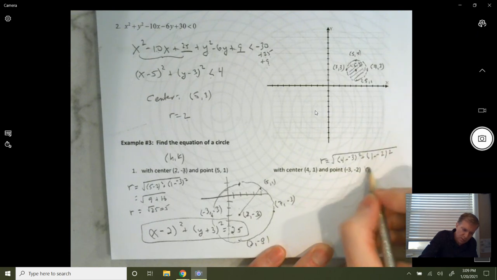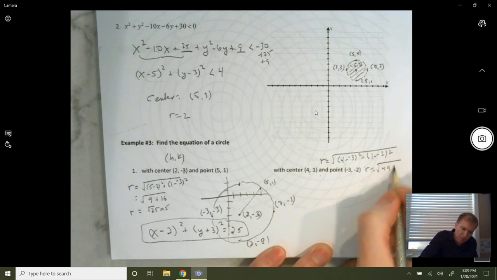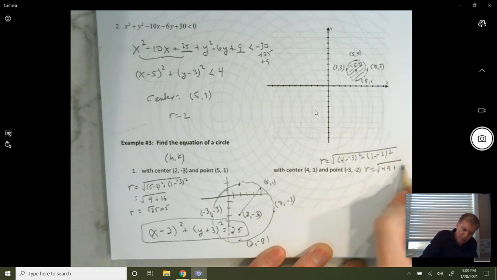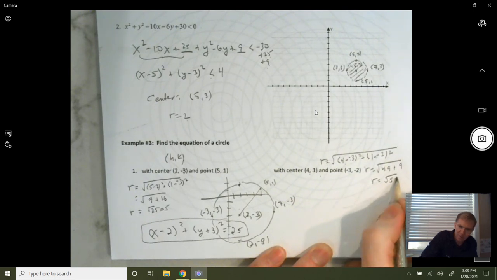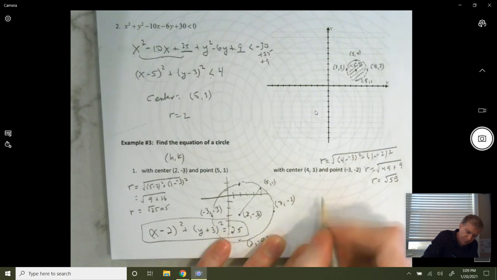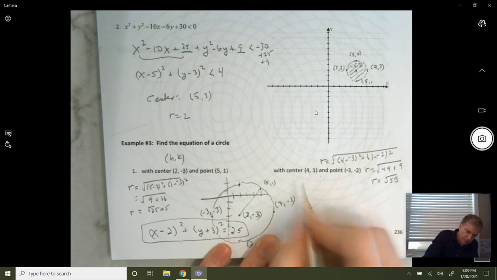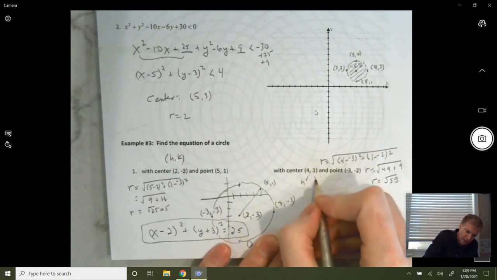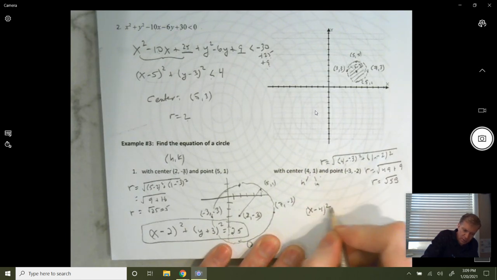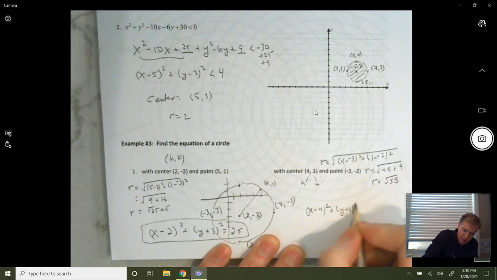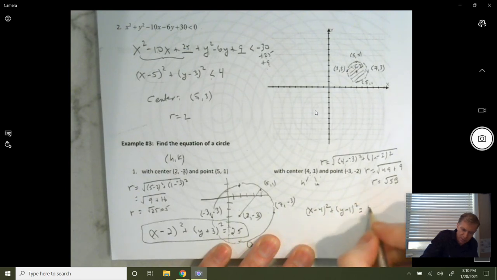So the radius equals, that's going to be 7 squared. 1 minus -2, that's 3 squared. 3 squared is 9. So the radius equals root 58. That does not simplify. So the center here, that's your h, that's your k. So (x minus 4) squared plus (y minus 1) squared equals your radius squared. So that's going to be a regular 58.